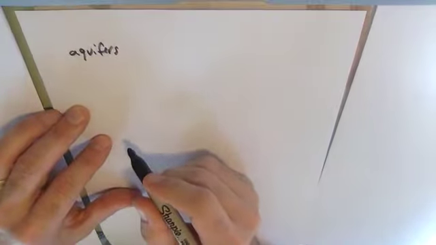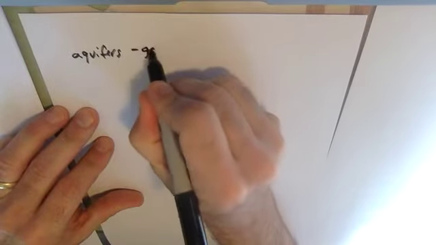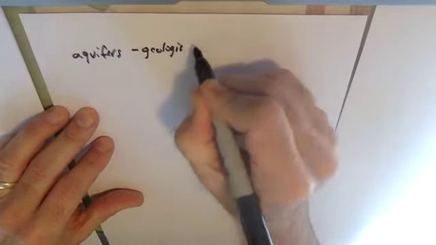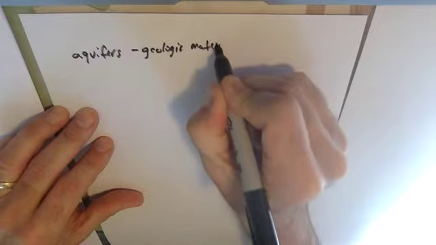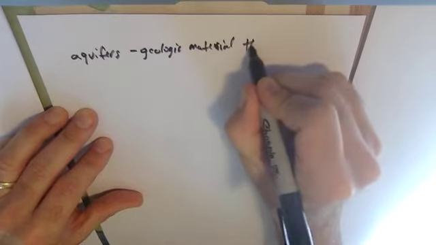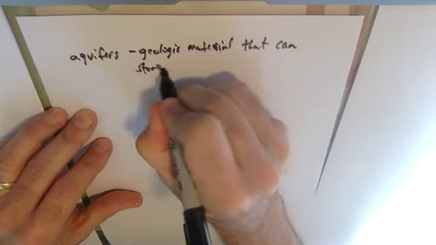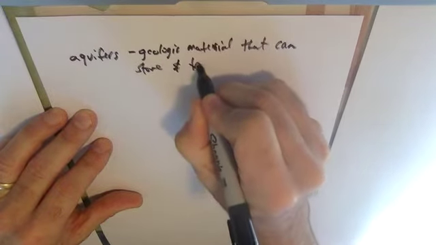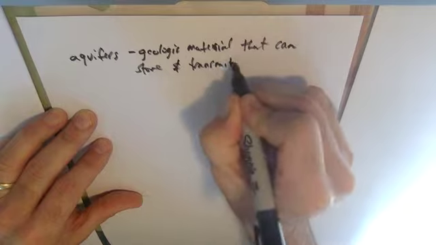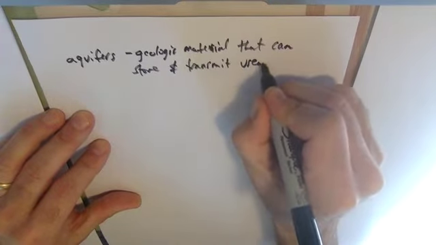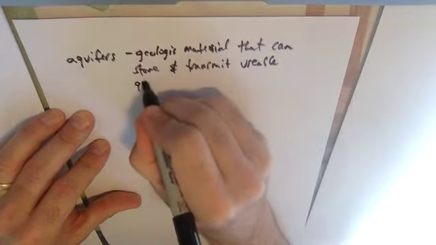An aquifer is a geologic material that can store and transmit usable quantities of water.